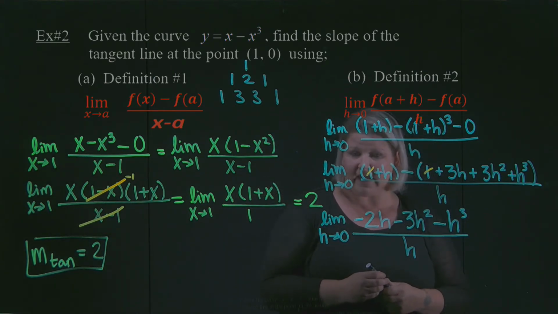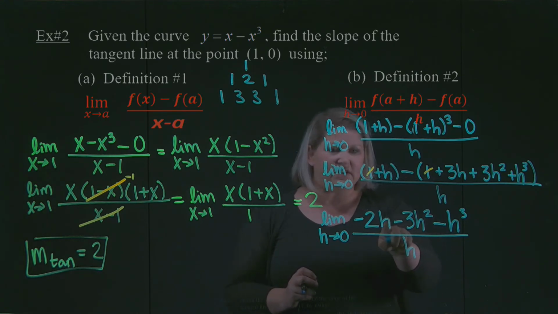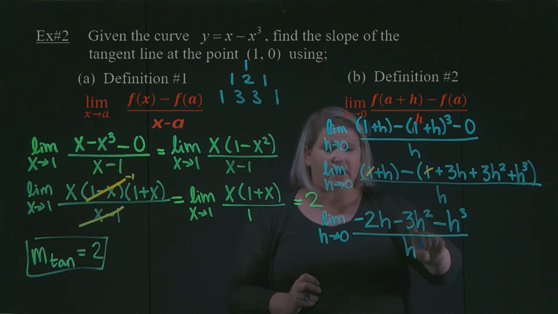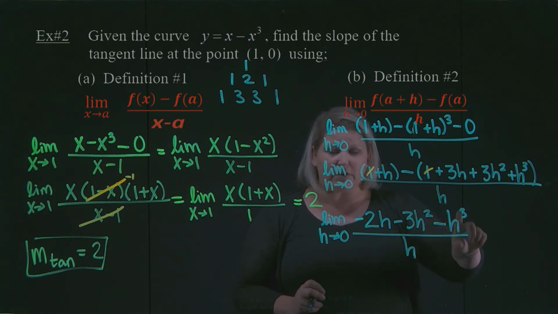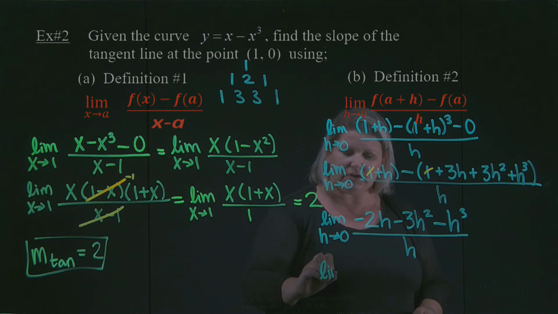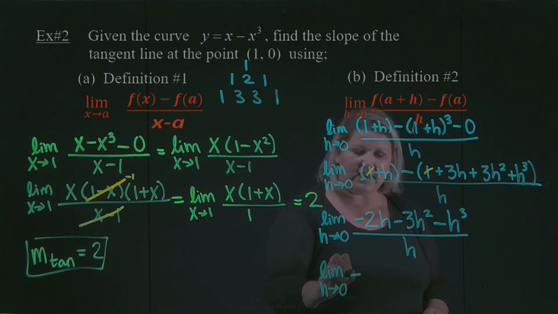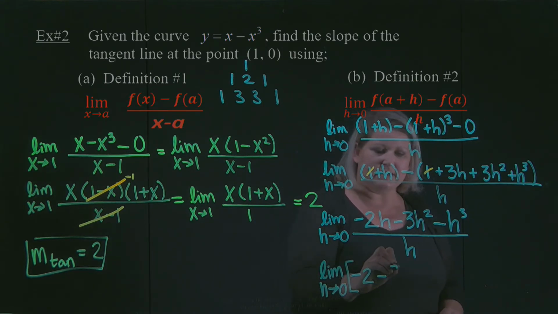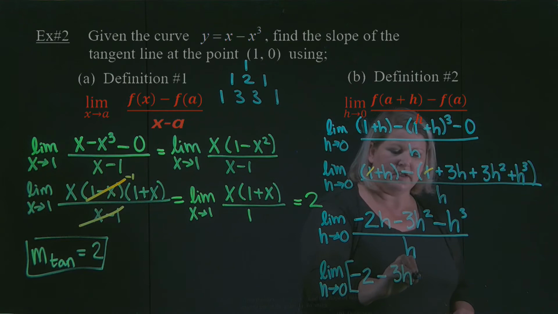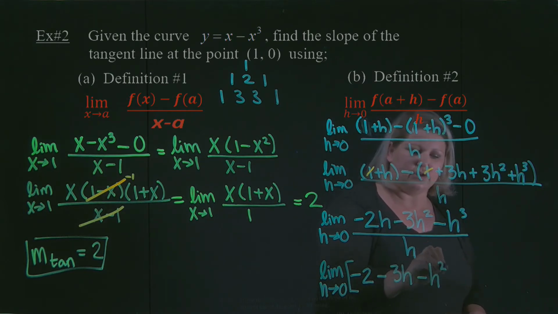So let's do that. This h is going to factor out, h squared is going to turn into h, and h cubed is going to turn into h squared. All right, so I'm going to have negative 2, and then minus 3h and minus h squared.